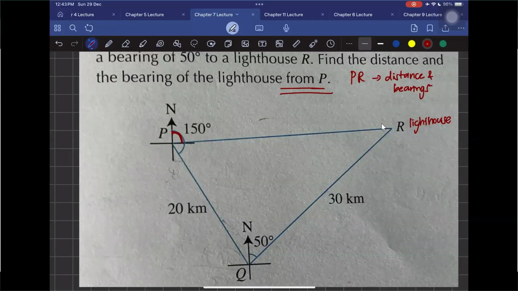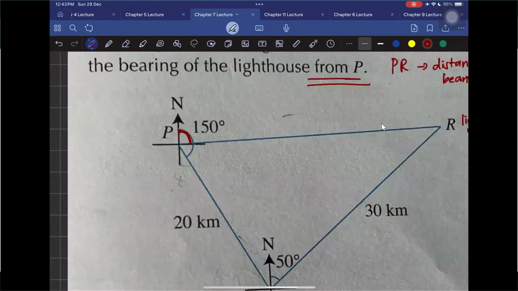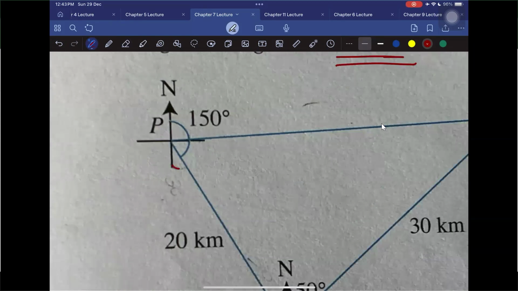Your first step for this type of question is always to write down whatever information you have. In this case, you know that this is 150 degrees. So you need to find out what this angle is. Your north pole line is a straight line, so it's just 180 minus 150, so you get 30 degrees.